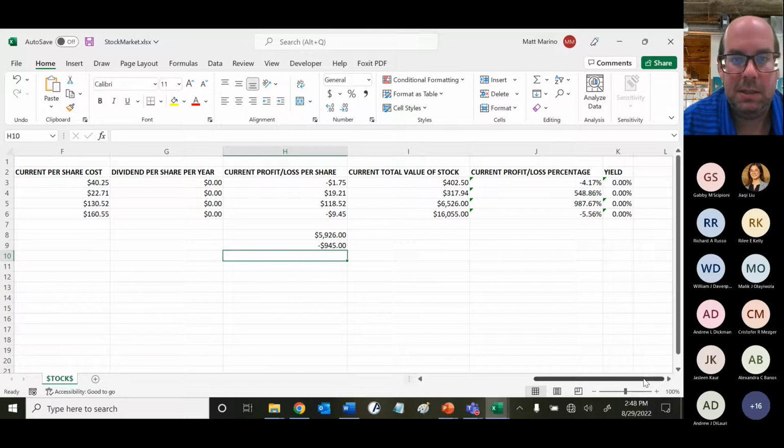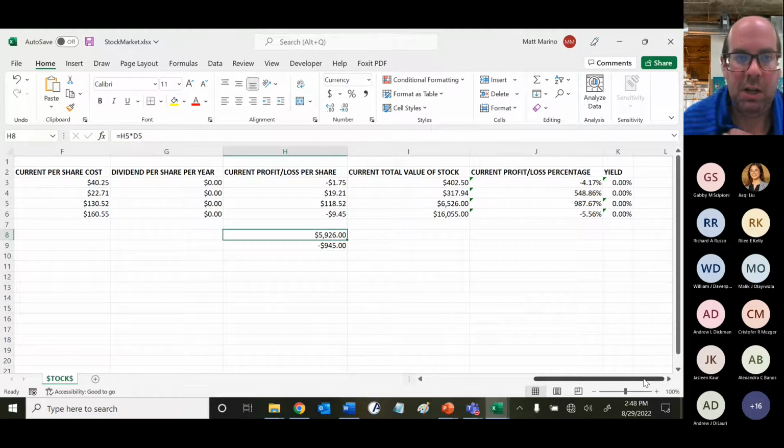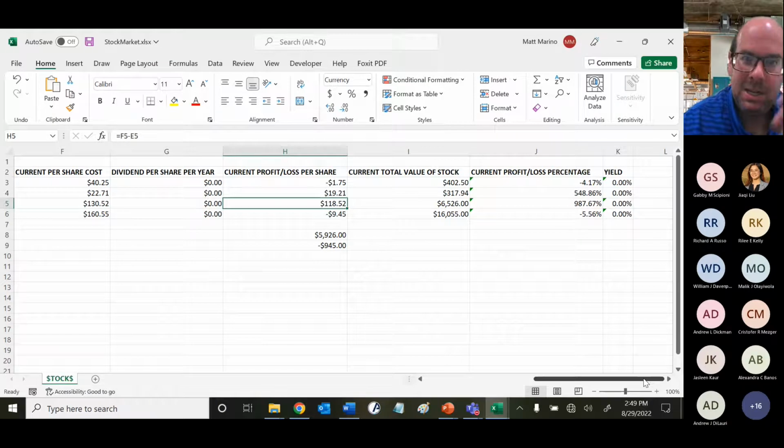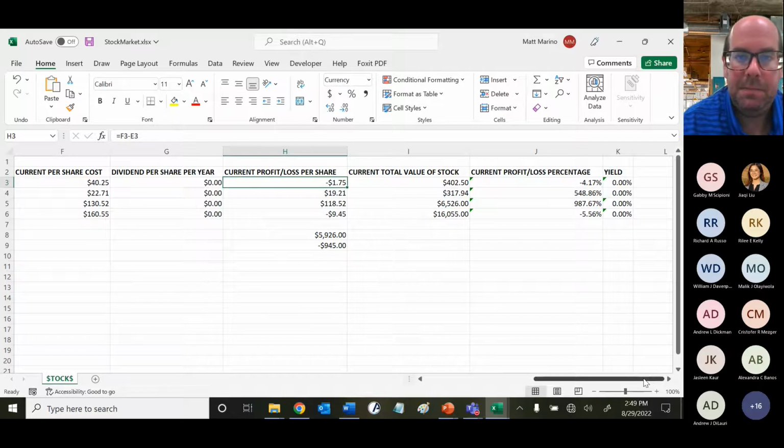Make sense? This is overall. Above it is our per share, what we've lost or gained. And that's what people will do a lot of times with their dividends. They have 100 shares, say they get $1 each in dividends. They may reinvest that $100 back in and buy more shares. Make sense?